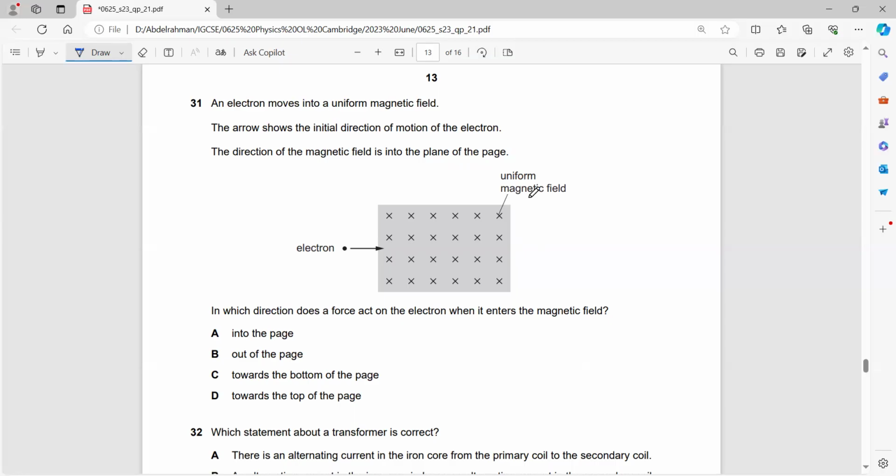The second finger, the middle finger, is the direction of motion of the electron. The electron is directed to the right, so the force on the electron would be downwards, towards the bottom. That's it.